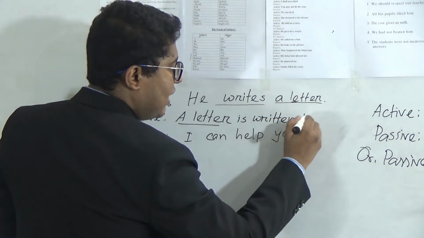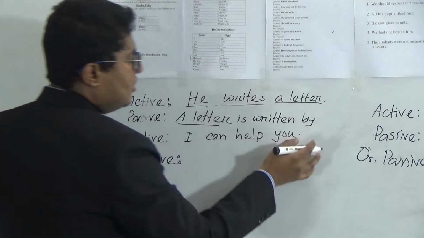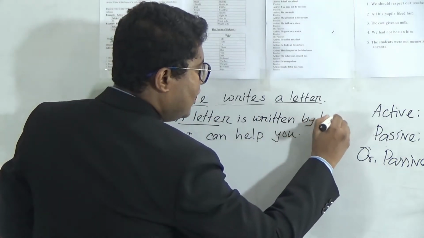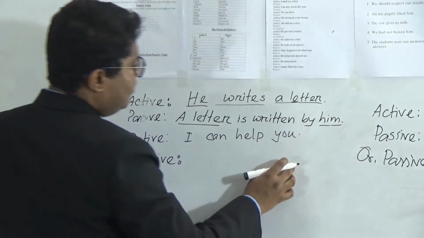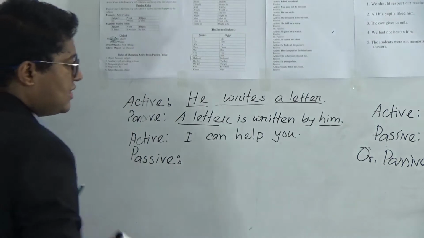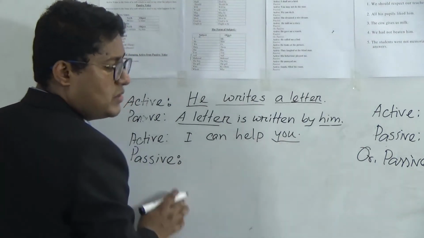Then preposition by. And he is the subject, and he will be in the objective form here. So he will be him, because this is the place of the objective form. Okay, that's why we have written him. So a letter is written by him. Next sentence: I can help you. In this sentence, you is an object.